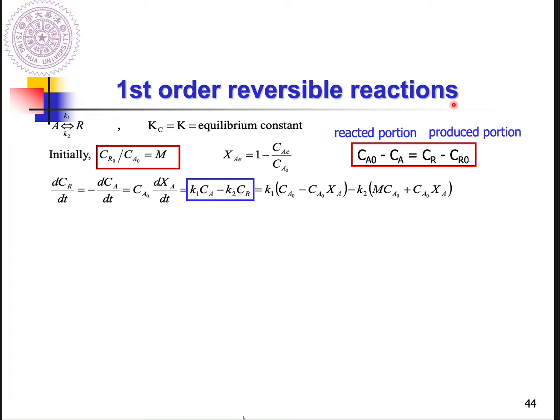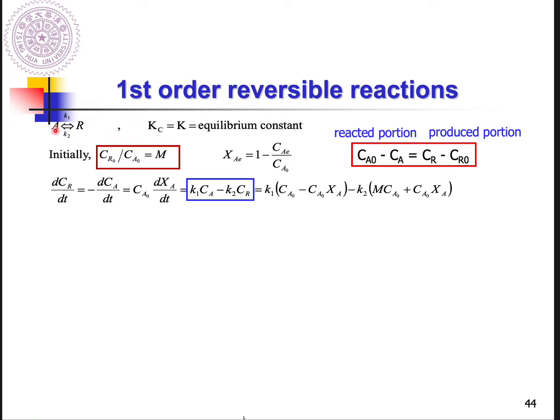Before this slide, all the reactions we demonstrated belong to irreversible reactions using the integral method, right? So this is the only case where we show you how to use the integral method to get the specific solutions for first order reversible reactions.